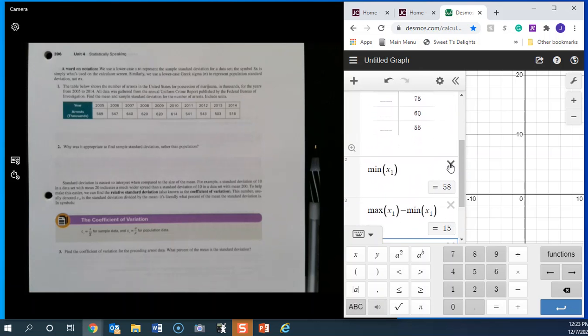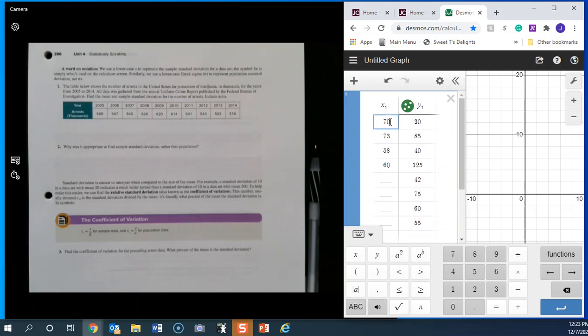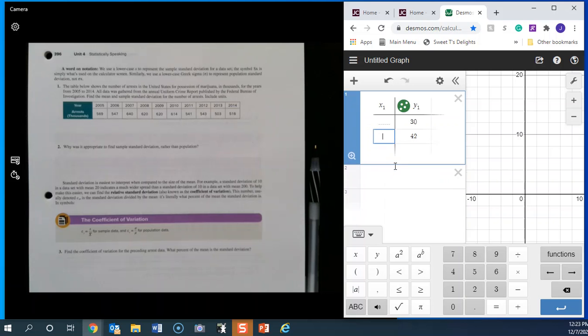Okay, so what we could do, let me use this other table that I had. All right, so let me get rid of these values. All right. So now we have this table here. The only thing we need is the arrest data. We don't need the years because we're not graphing here.